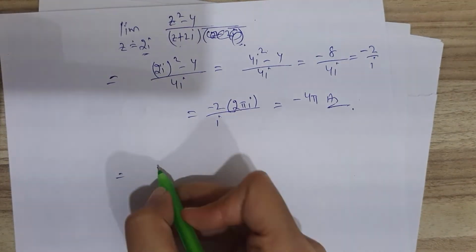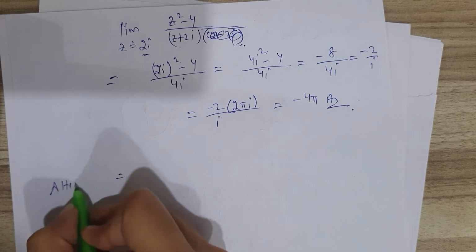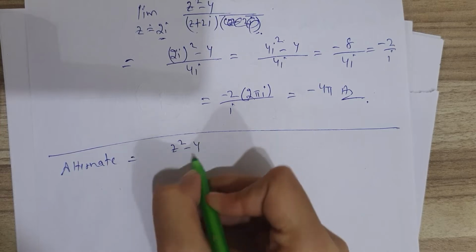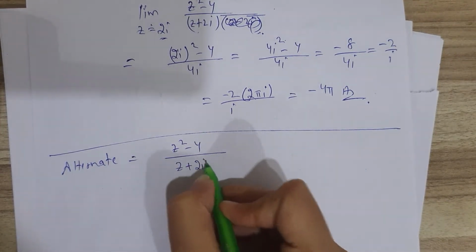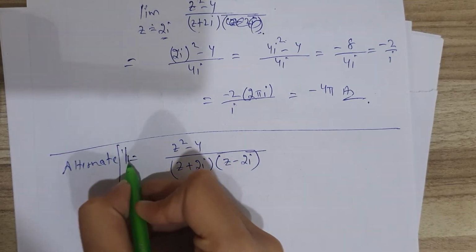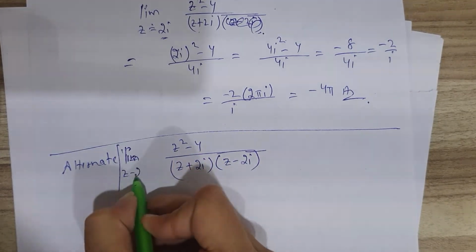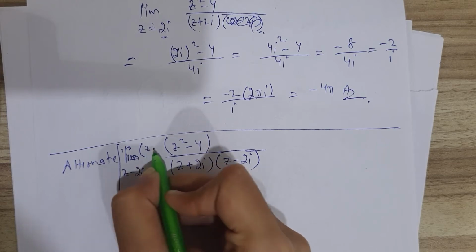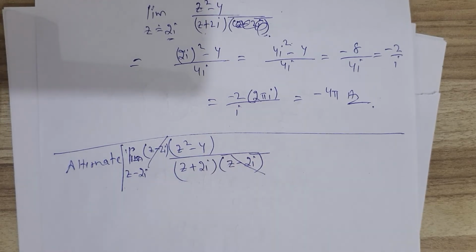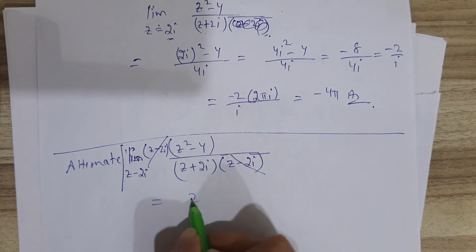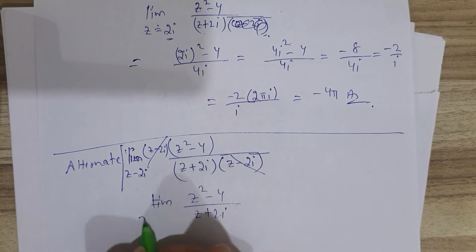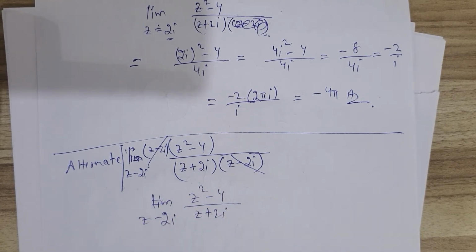You can do it like this also, an alternate method. It's a way to write. You can do it like this also. And in the second step, you can write it like this. Are you clear?